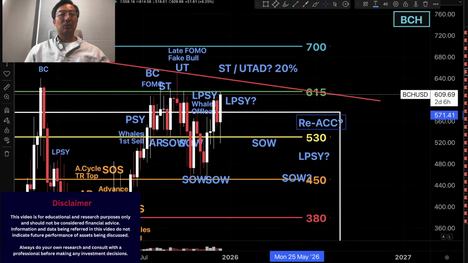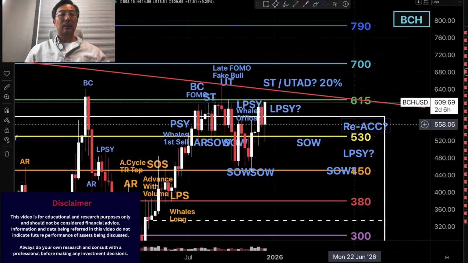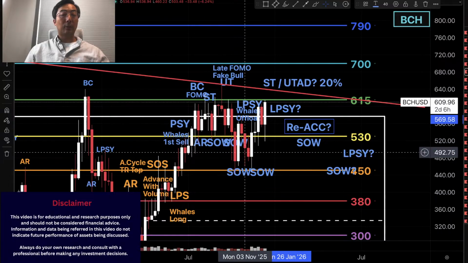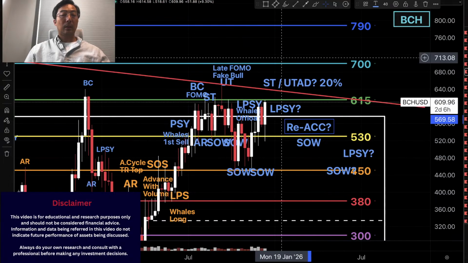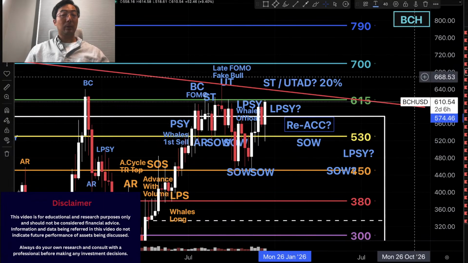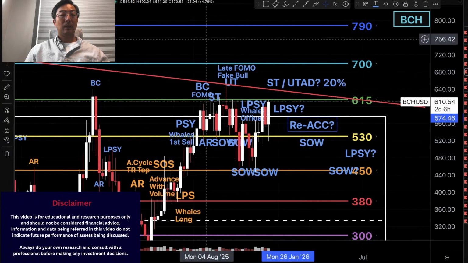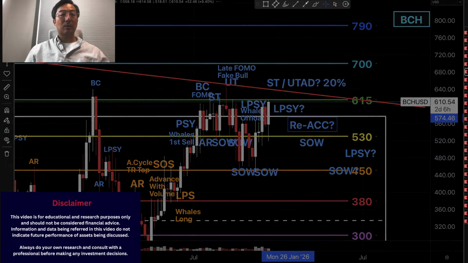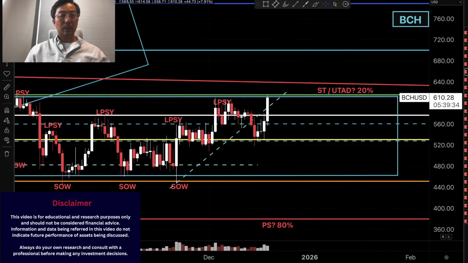Previously I also shared an idea whether it was actually reaccumulating at this stage, getting ready for the next pump, and that's still a possibility. When we get to the daily chart, we see this today.